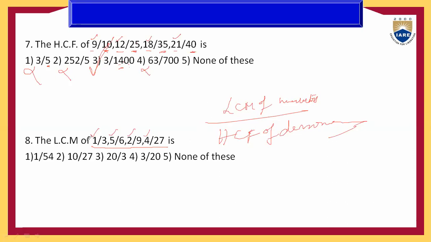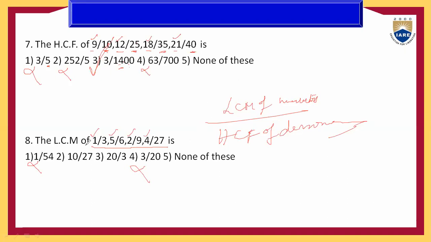So first find the LCM for these upper values 1, 5, 2, 4. Here the LCM is equal to the highest value or more than the highest value. The highest value here is 5. Here this is not the correct answer, so it must be more than 5. This is more than 5. This is not more than 5. This is also not the correct answer.